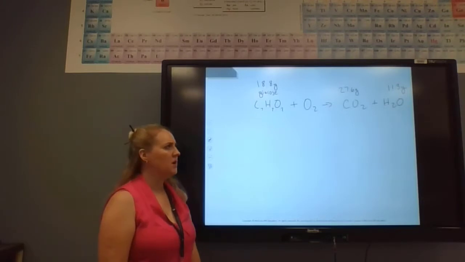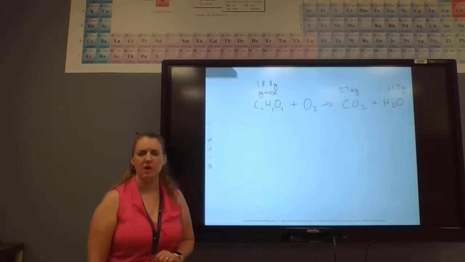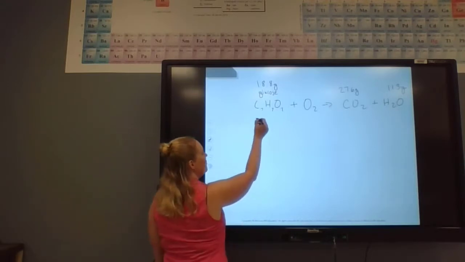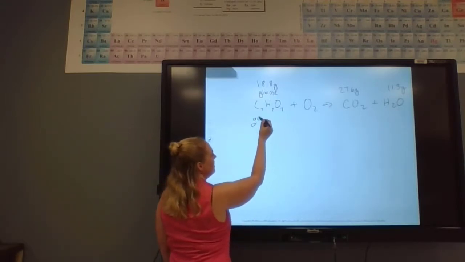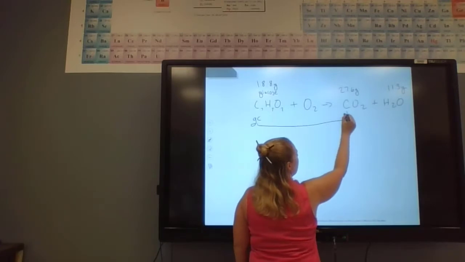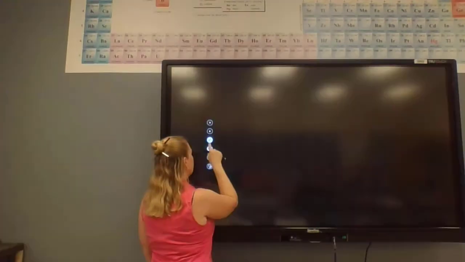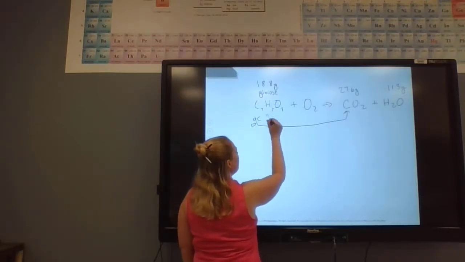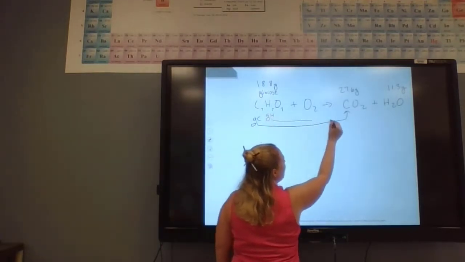But we can use it to determine the mass of carbon, because every gram of carbon here ends up there. Every gram of hydrogen here ends up there.